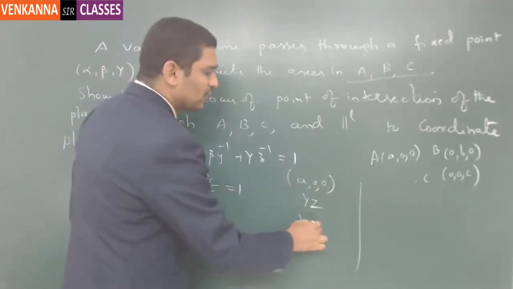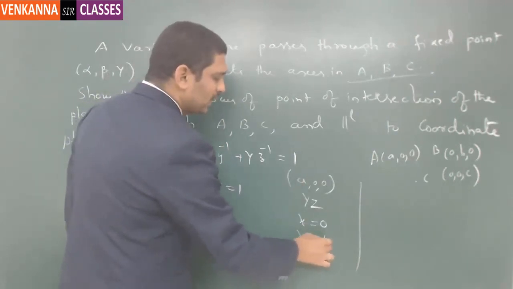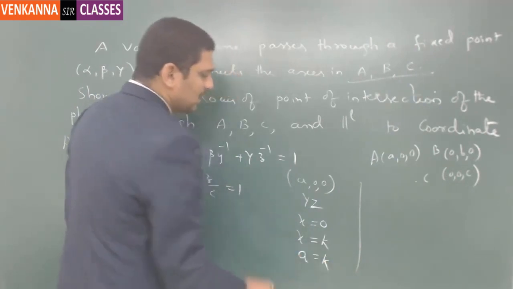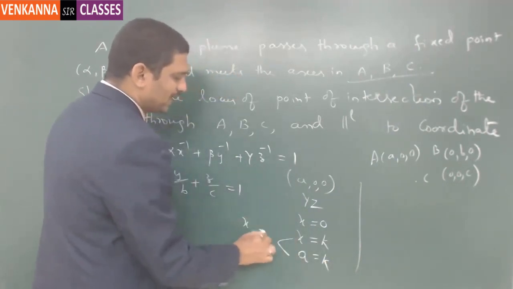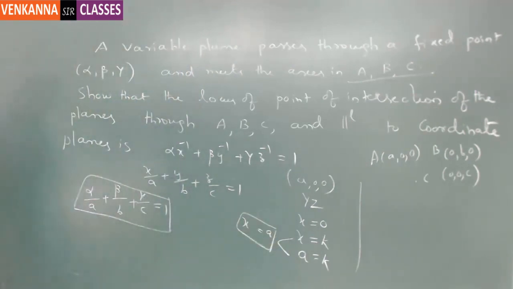Equation is x = 0. So the parallel plane is nothing but x = k. If you substitute that a = k, combining these two, you will get x = a. Clear? In the previous problem, you have done the same thing.